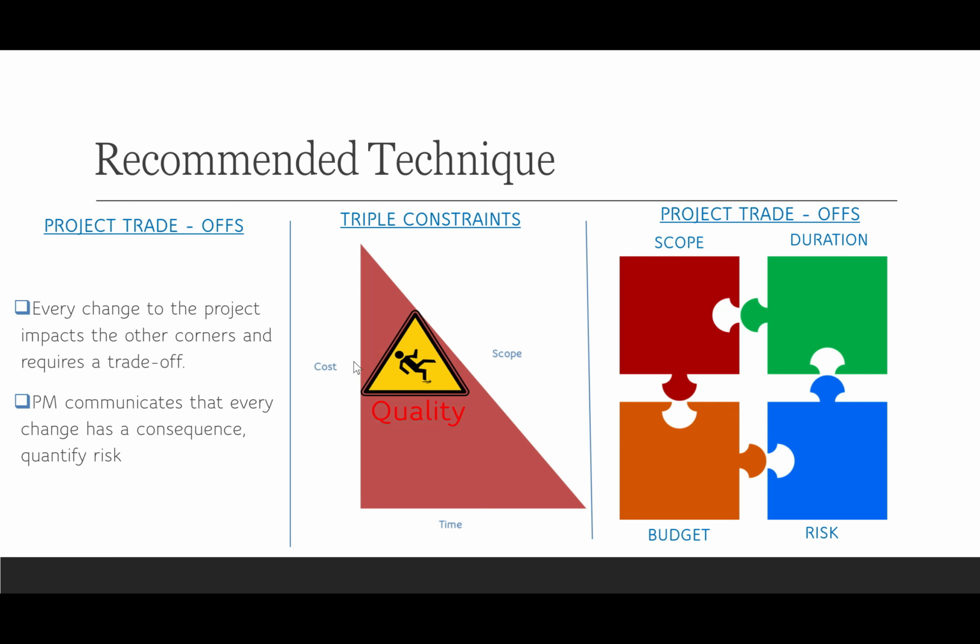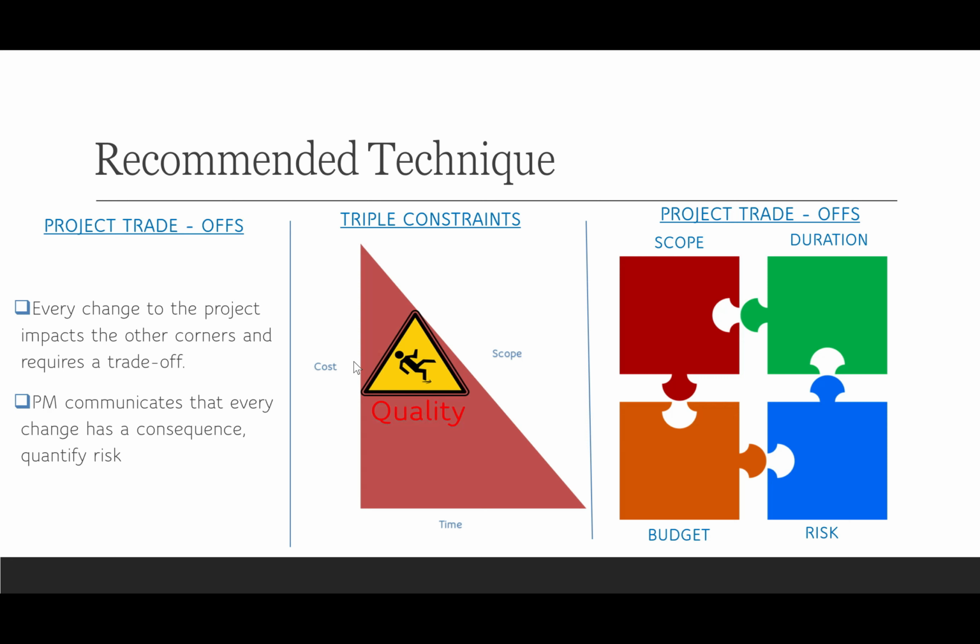So if any changes are made to any of those sides of the triangle, it's going to begin to squeeze the quality of that project or product that you're delivering. So if you get a request to change any one of those sides, you want to make sure that you come back with trade-offs.